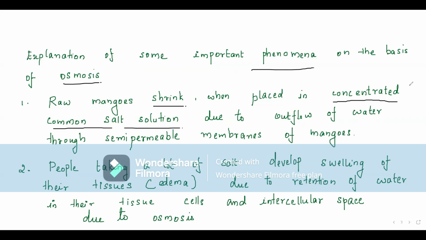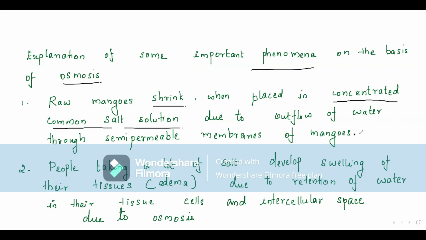Excess salt is dissolved in water and a concentrated salt solution is prepared. When mangoes are dipped into that, the water content within the mango flows through the skin of the mango, through the semi-permeable membrane of the mango, towards the salt water. So raw mangoes shrink when placed in concentrated common salt solution due to outflow of water through the semi-permeable membrane of the mangoes.